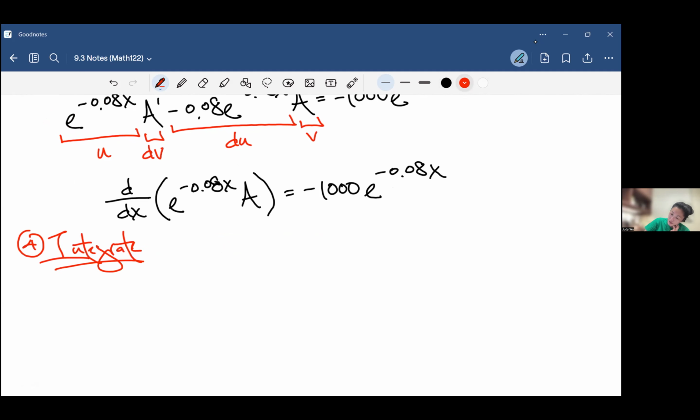The integration is how we get rid of this derivative, which is ultimately how we're going to get this A all by itself. So we integrate the derivative, and that's equal to, if we integrate one side, we've got to integrate the other side.